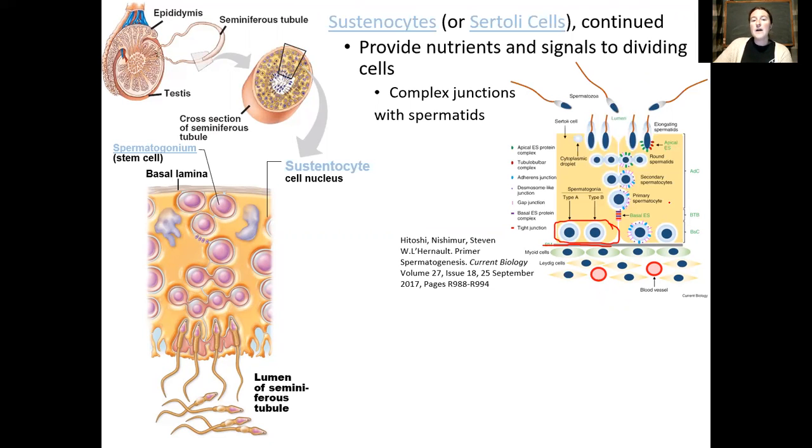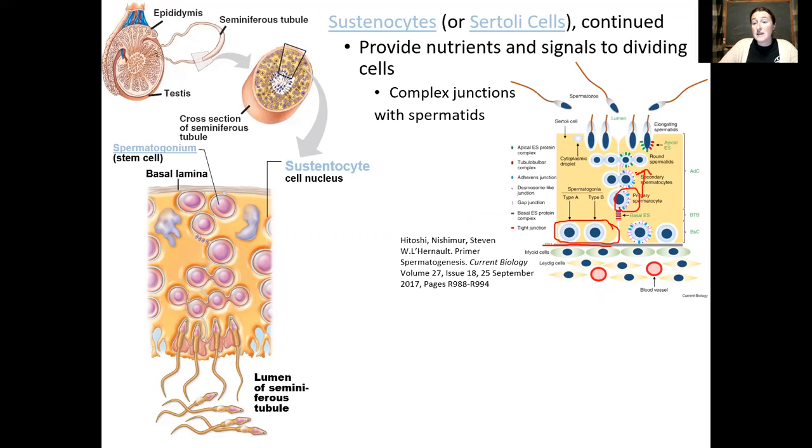Okay, the Sustentocytes then are responsible for adding a series of proteins within the membranes of these developing spermatocytes. Okay, and so these junctions are, first of all, what help the movement closer to the lumen, but also they can be channels as well.